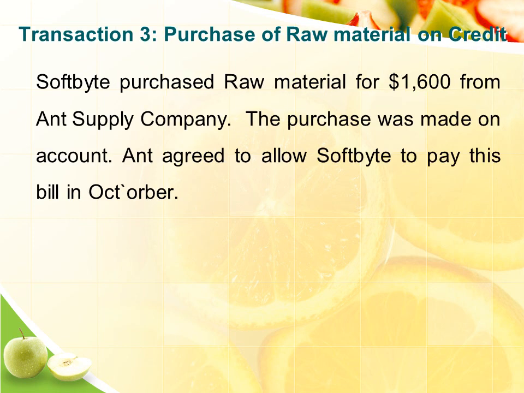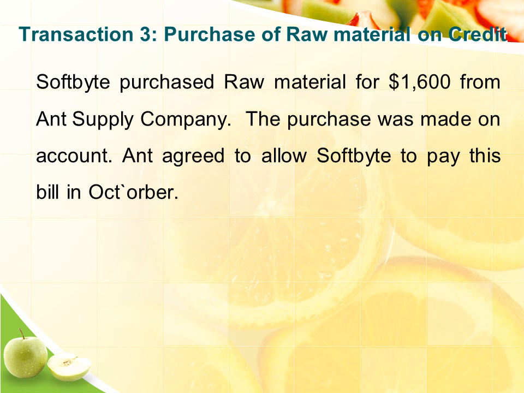The third transaction, purchase of raw material on credit. This company purchased raw material for $1,600 from Ant Supply Company. The purchase was made on account. Ant agreed to allow Shopify to pay the bill in October.